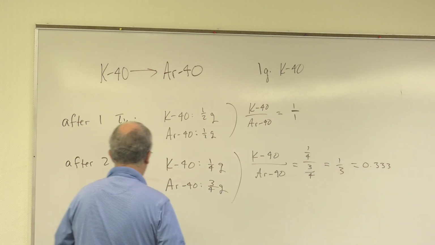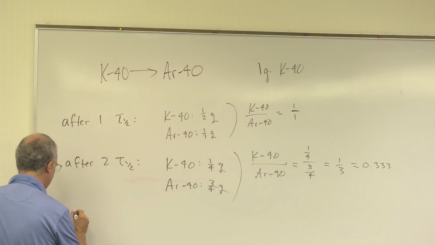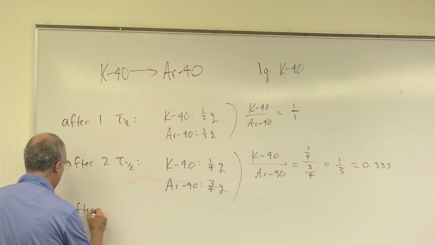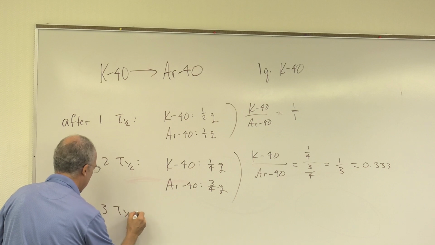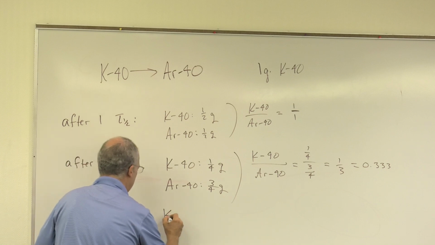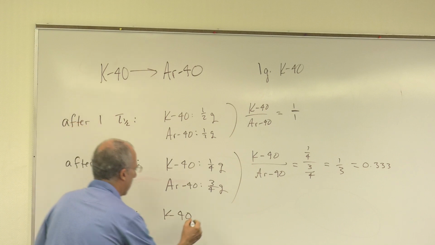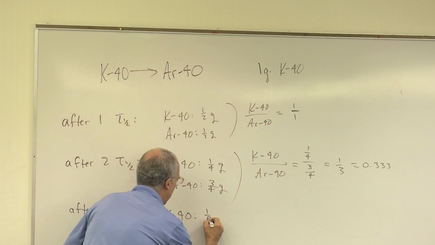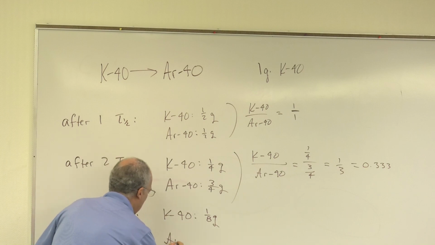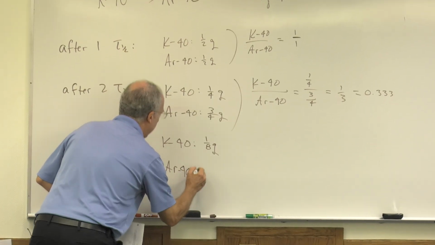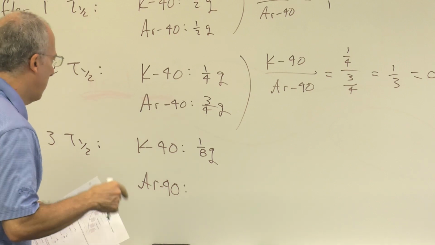All right. Okay, last one. After 3 half-lives. Okay, so the K40, what's half of a fourth? An eighth of a gram. And argon-40. So we had 3/4, which is 6/8.